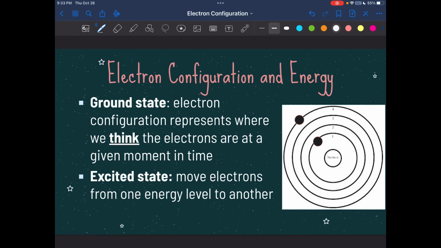We're going to go on to this part. Now, this information might not be that useful, some people might say, but this is telling you about two different situations: a ground state and an excited state. A ground state is like an electron configuration that represents where we think the electrons are at a given moment in time.